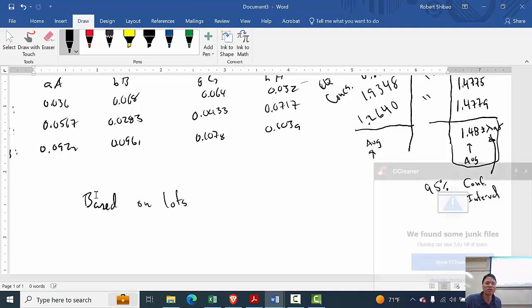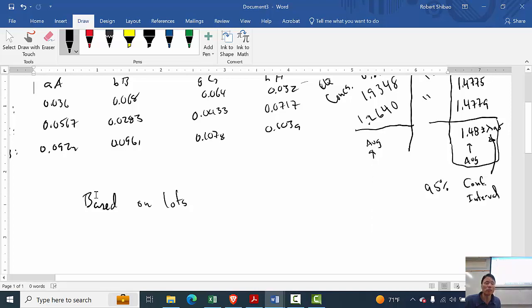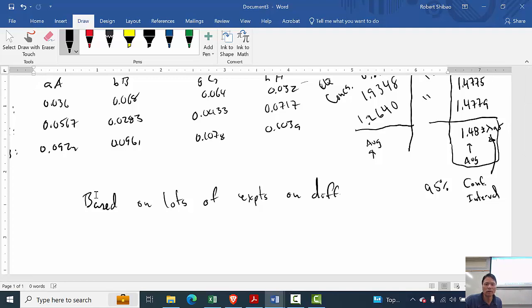So we can take more, experiment 4, experiment 5, experiment 6, and see, do they come out to about 1.48 or not? We have this consistent pattern.